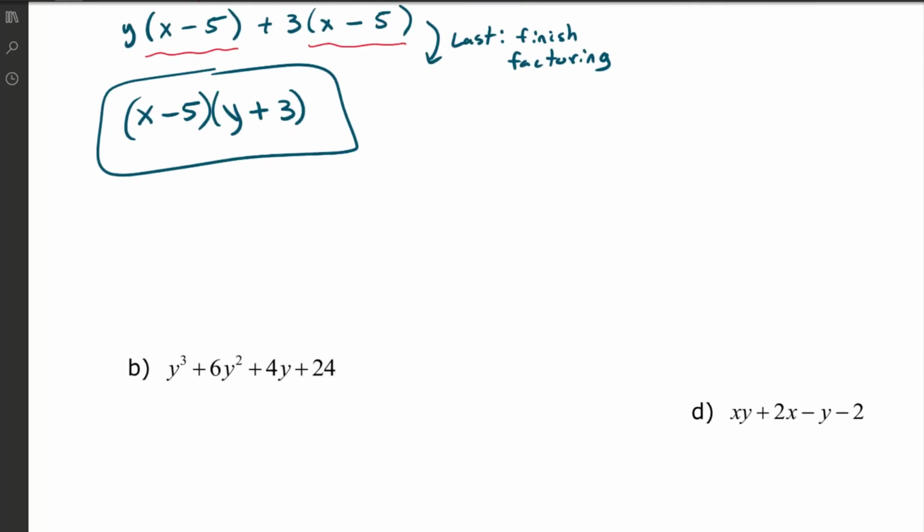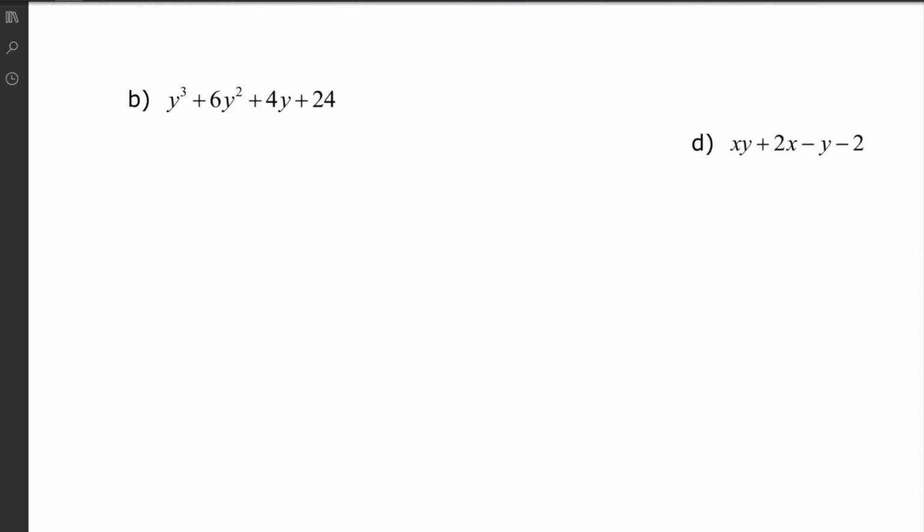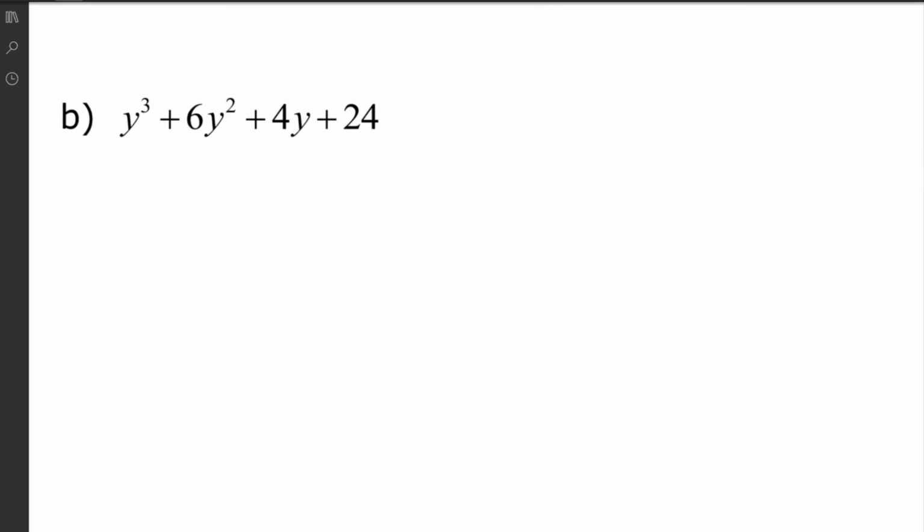So go down to the next problem, problem B, where we have y cubed plus 6y squared plus 4y plus 24. My first step is I want to group my terms together in sets of 2.